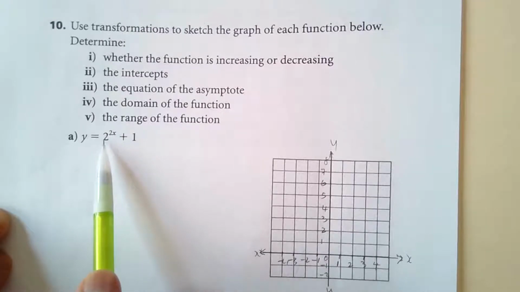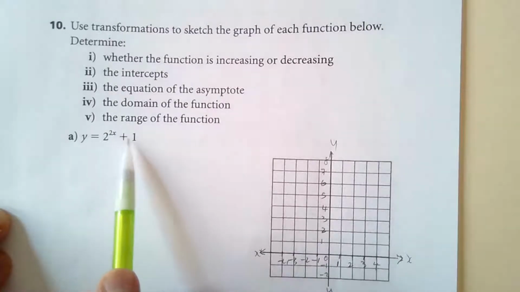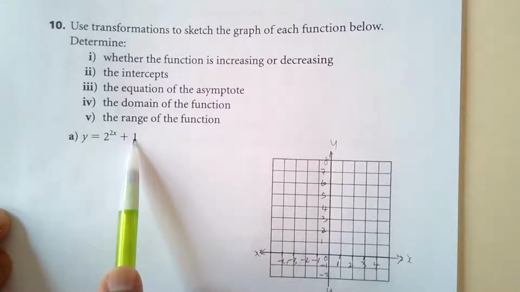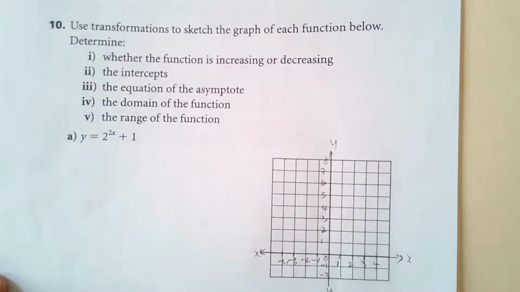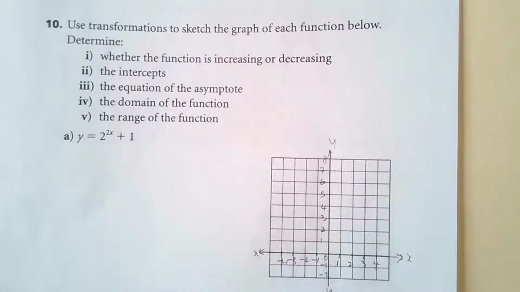We are given y is equal to 2 to the power x plus 1, and we are asked to transform this graph. I'll show you how we'll narrow this down into the 2 to the x graph first, and then we'll make the transformation.